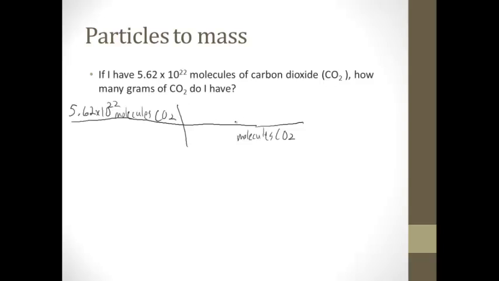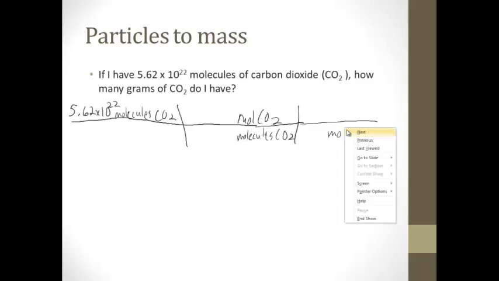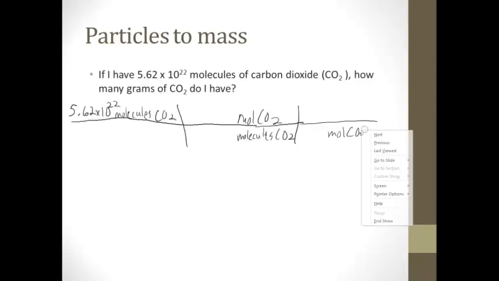All right, once again, I want to cancel out what I'm given, my molecules of CO2. I want to go to grams, but I can't do it in one step. However, we know how to go to moles of CO2. And then from there, I'm going to cancel out my mole of CO2 and go to grams of CO2.